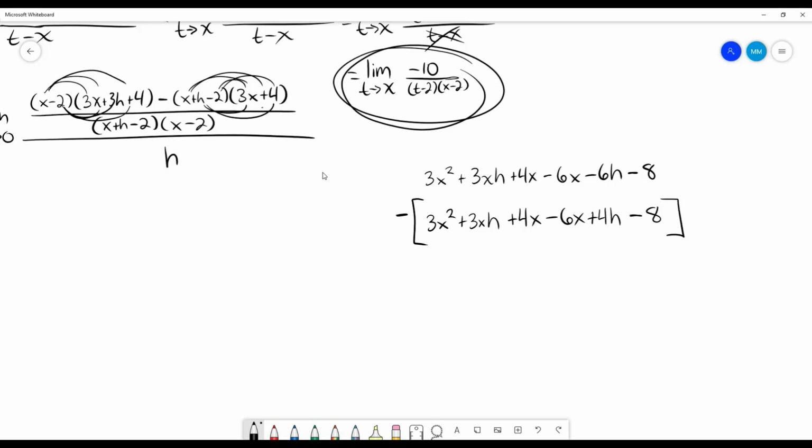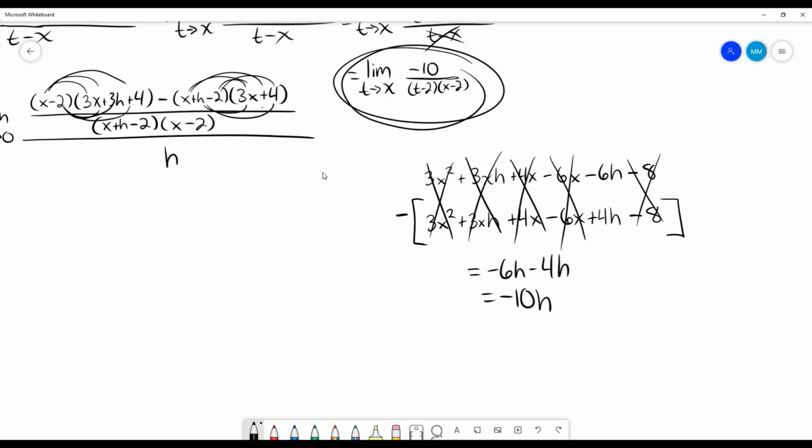Yeah, okay. So what we're going to see is, because we're subtracting all of this, I know those are going to cancel, those are going to cancel, and those are going to cancel. So what this turns into is just a negative 6h minus 4h, or just negative 10h.